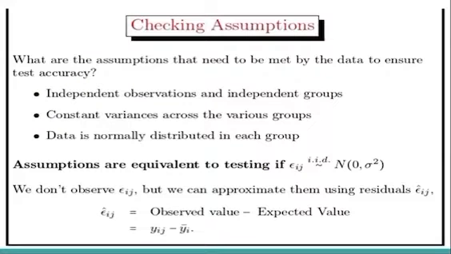Now, before now, I actually introduced you to analysis of variance, particularly one-way analysis of variance, which is a statistical technique for comparing means in more than two populations. It is called one-way analysis of variance because we are only focusing on one factor.